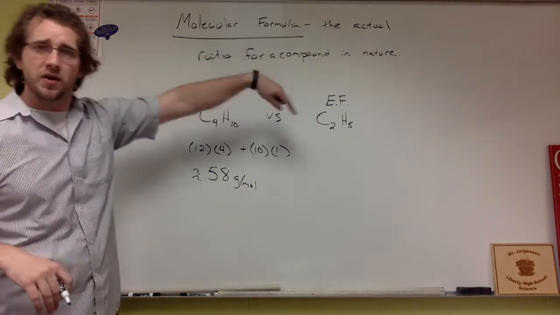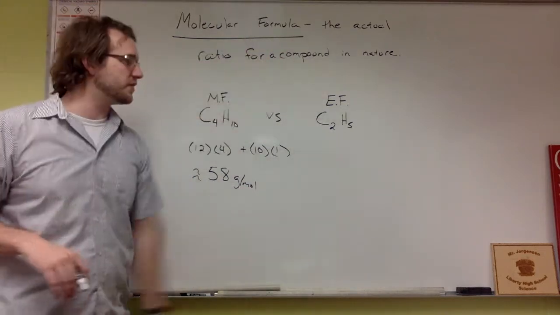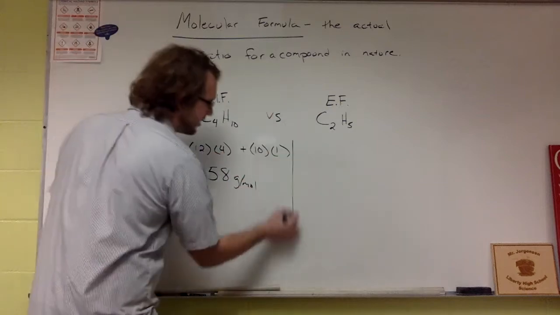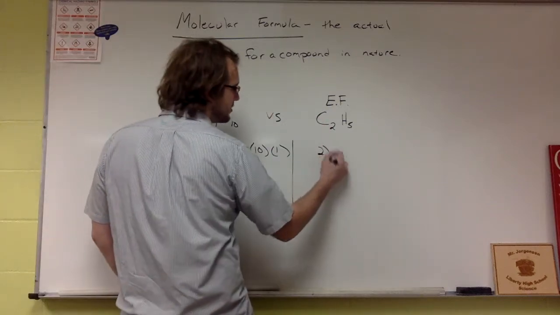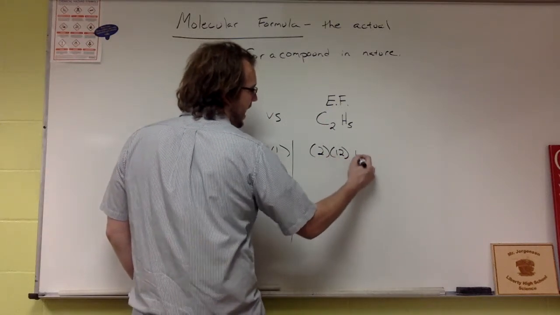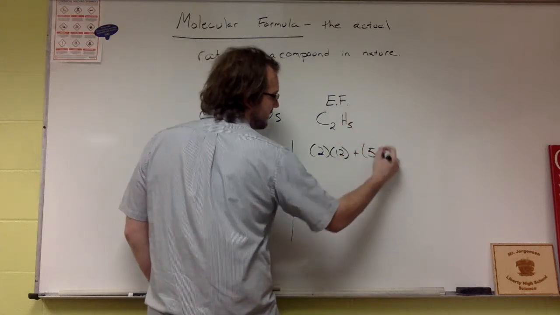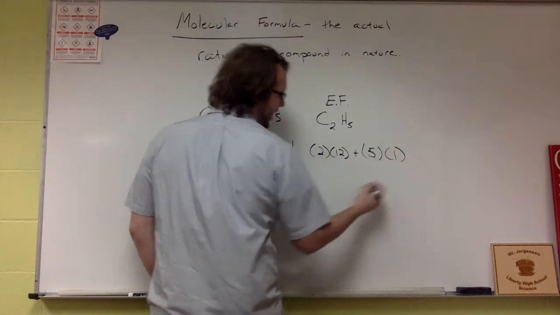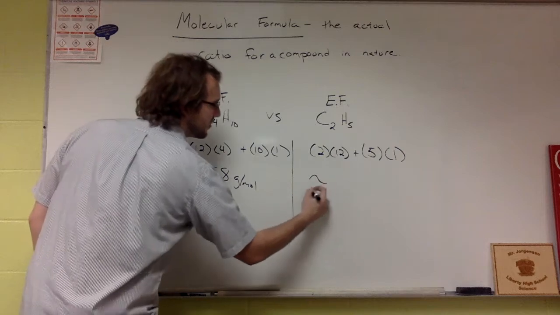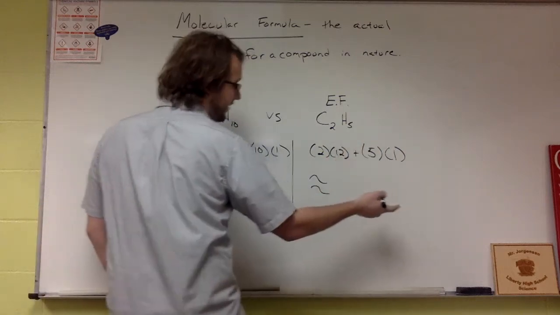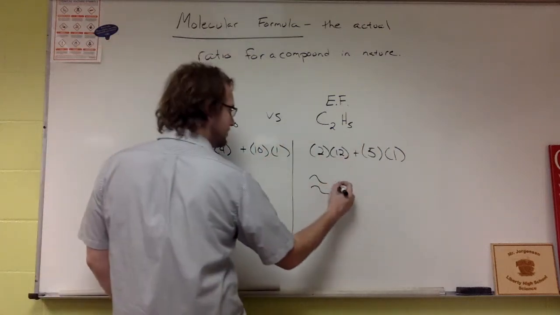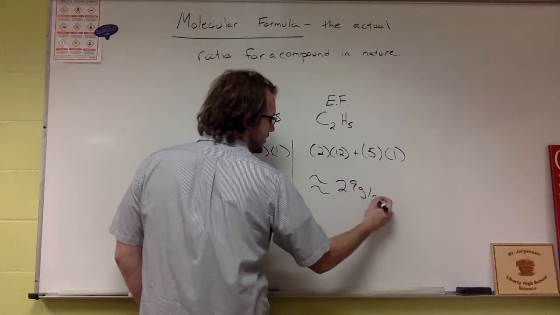Now, if we look at our empirical formula, the one that has been reduced, we can do the same thing. We've got 2 carbons, so 2 times 12, added to 5 hydrogens times 1.008, or approximately 1. So this comes out to approximately 24 plus 5, about 29 grams per mole.